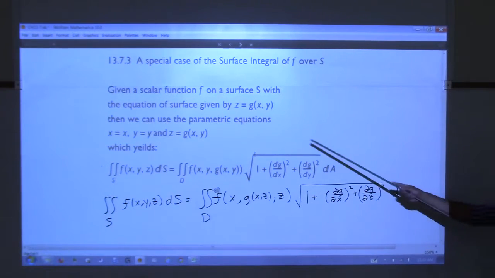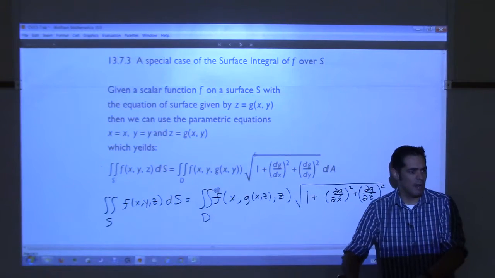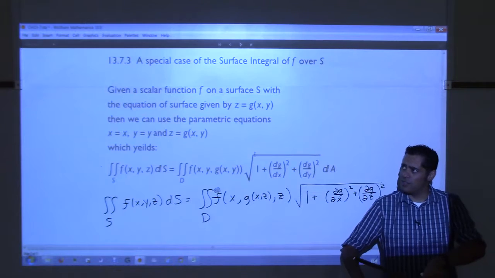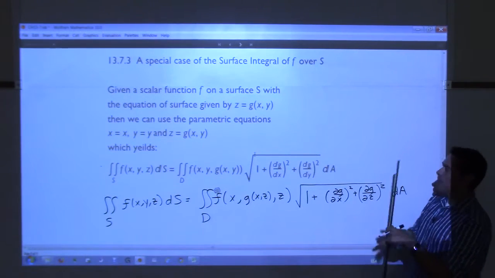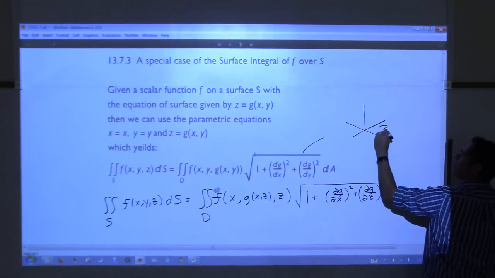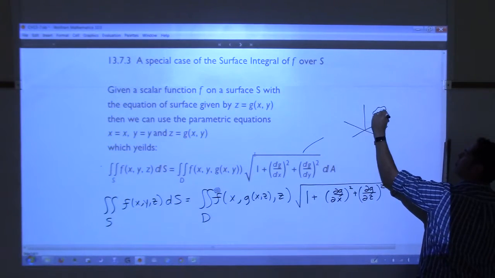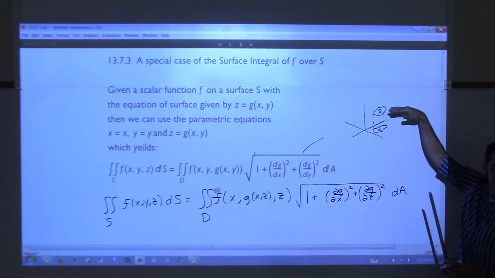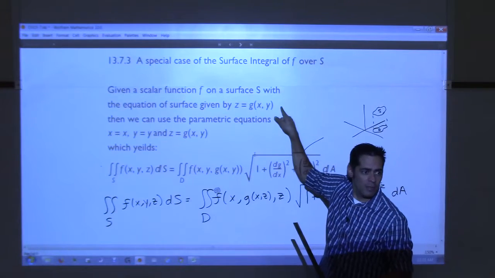If instead of having a surface where the domain is on the ground in terms of x and y, you had a surface which was sideways. In this case, the domain is on the ground and your surface is up top. That's this case: z is a function of x and y.